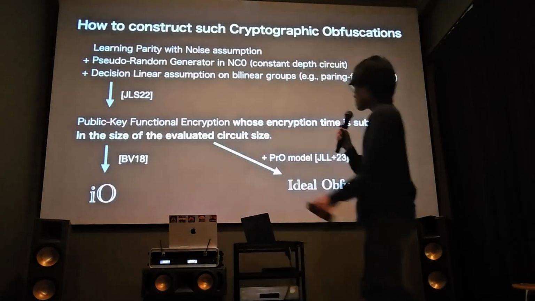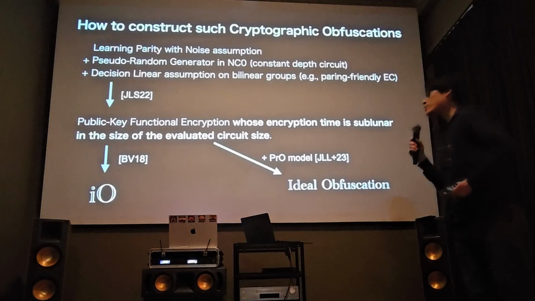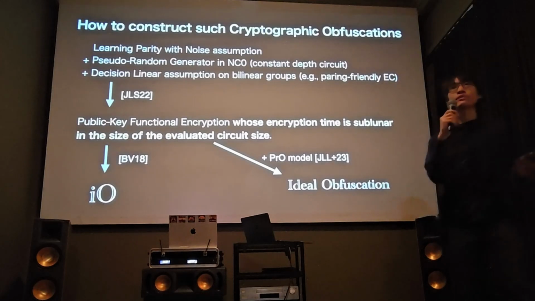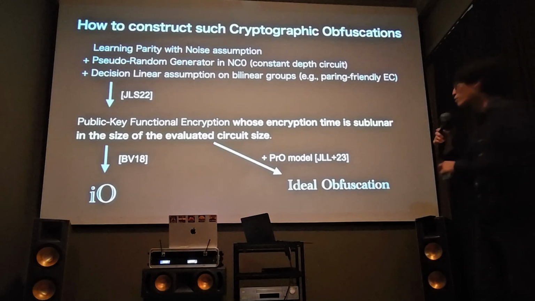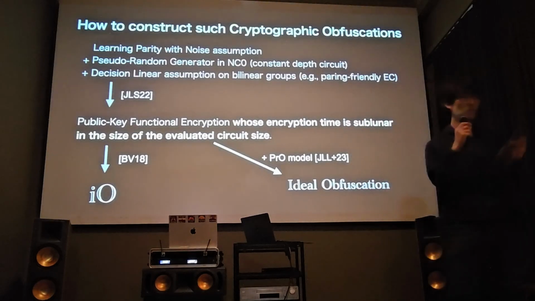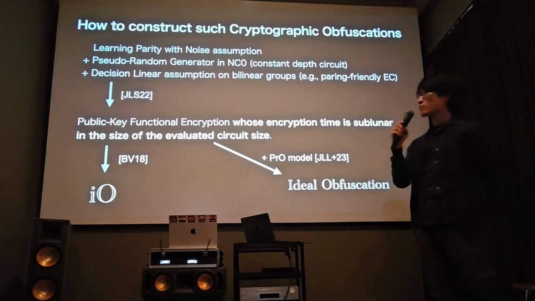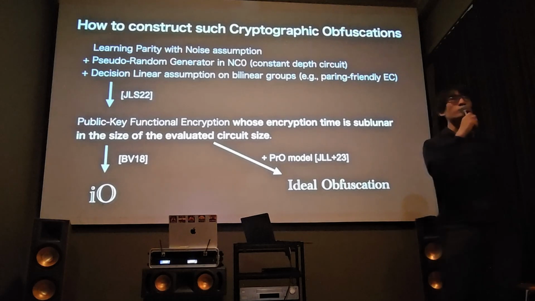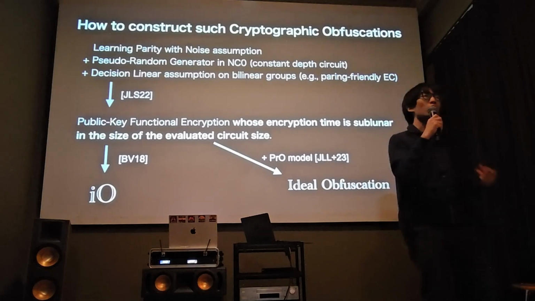And also, if we believe a stronger assumption about the hash function, we can construct ideal obfuscation from this functional encryption. So the current status of obfuscation is we believe we can construct obfuscation from standard assumptions theoretically, but its concrete constructions are still impractical.